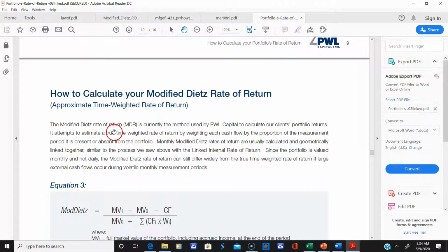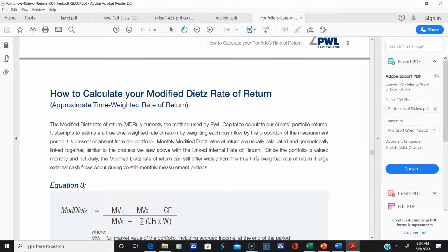It attempts to estimate a true time-weighted rate of return by weighting each cash flow by the proportion of the measurement period it is present or absent from the portfolio. Monthly modified Dietz rates of return are usually calculated and geometrically linked together, similar to the process we saw above with the linked internal rate of return.